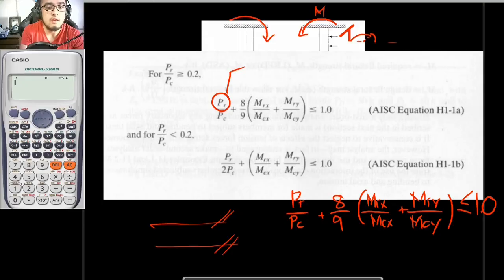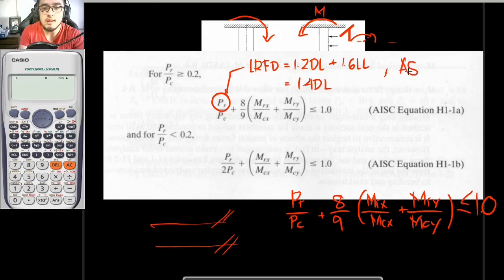If you are to use LRFD, that is to be your factored load, may it be 1.2 dead load plus 1.6 live load, or 1.4 dead load, whichever is higher. And if we are to use ASD, that is just the service load, so dead load plus live load. So that is for P sub R.